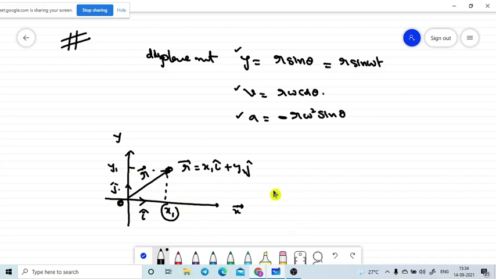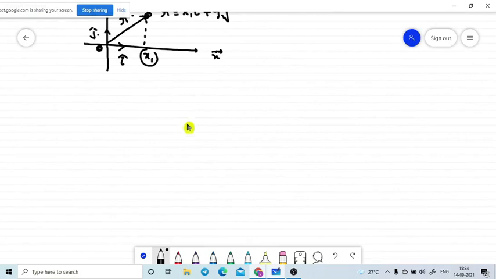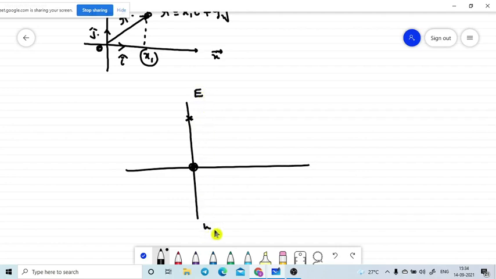For your easy understanding, let me take one small example. Let me take this is your house. Let me take your friend's house is somewhere here. Let me take this is the east direction, and this is the west direction, exactly opposite. Let me take this the south direction, and this the north direction.